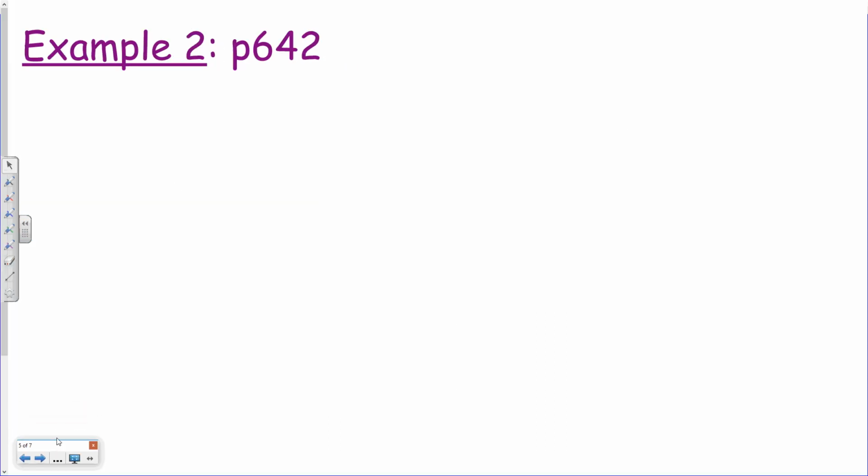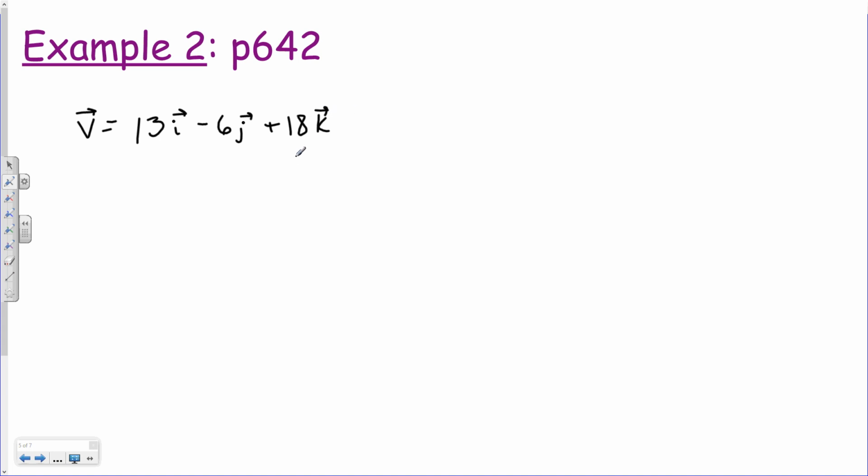All right, take a look at example 2. Example 2 on page 642 says find the direction angles and direction cosines of this vector. So they've given us a new vector to work with. Vector v is equal to 13i minus 6j plus 18k.